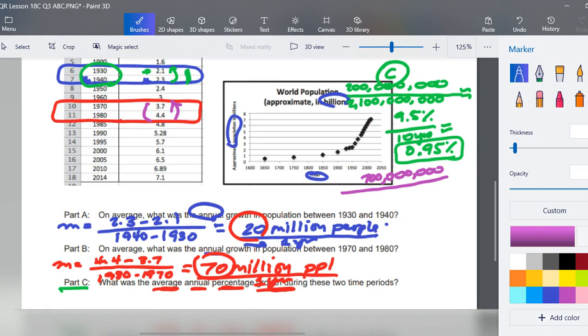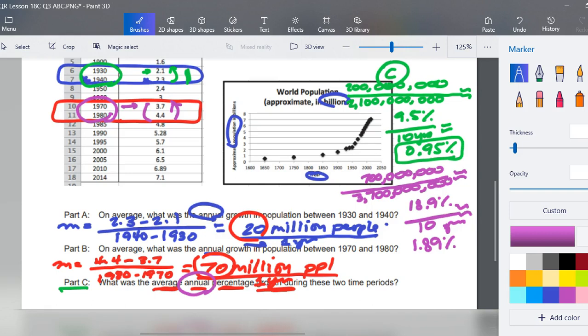I need to divide it by the beginning number, which would be 3.7 times 1 billion, or 9 zeros. When I divide these and multiply by 100, I'm getting about 18.9%. But again, remember, that's for a decade, and they're asking for the average annual. So let me divide it by those 10 years, and I'm getting about 1.89%.